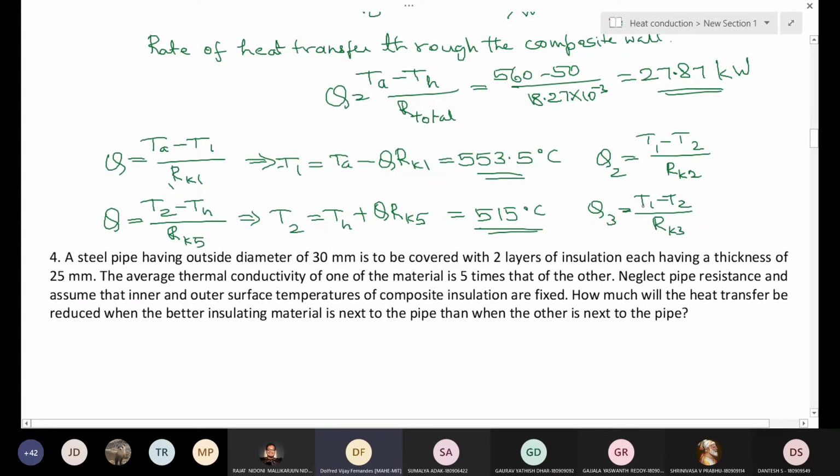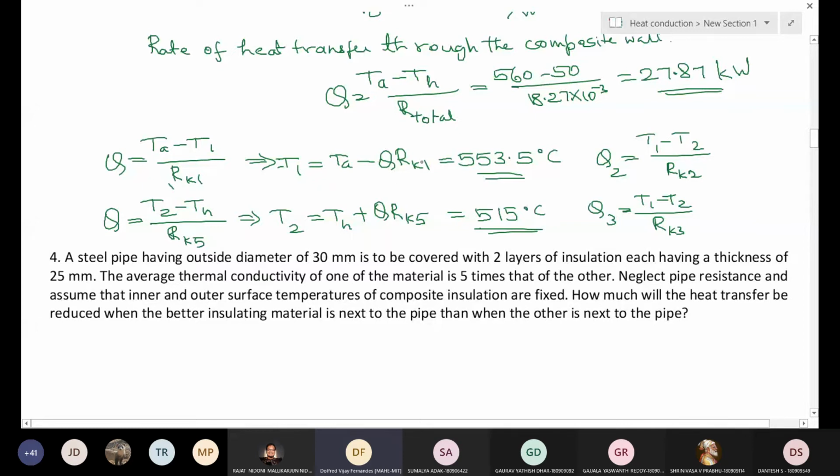But if you don't know this interface temperature and it's not asked, then what will you do? Split the currents. You can find the interface temperature and do it.